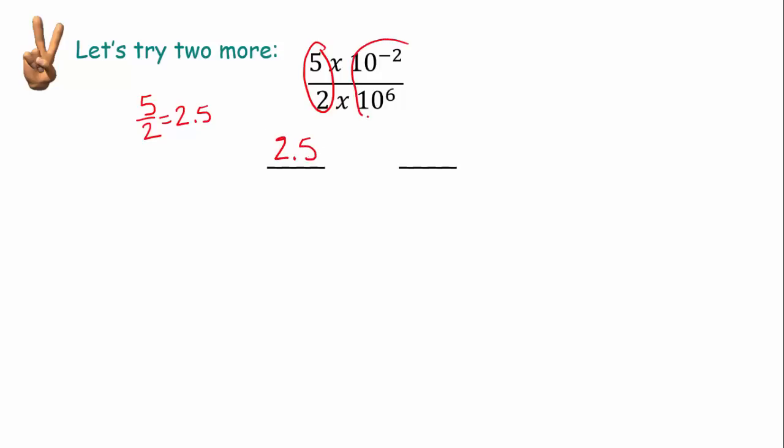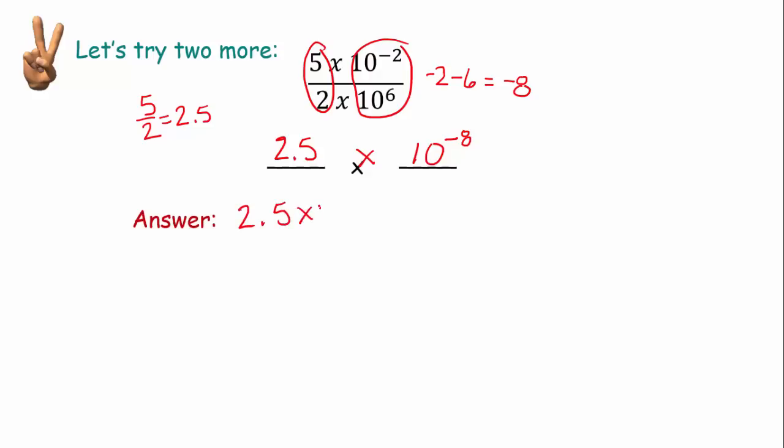Then off to the other side, negative 2 minus 6. And that gives me a negative 8. We have to remember those integer rules. So this gives me a power of 10 to the negative 8. So I'm going to put my multiplication sign in there. And my final answer is 2.5 times 10 to the negative 8.